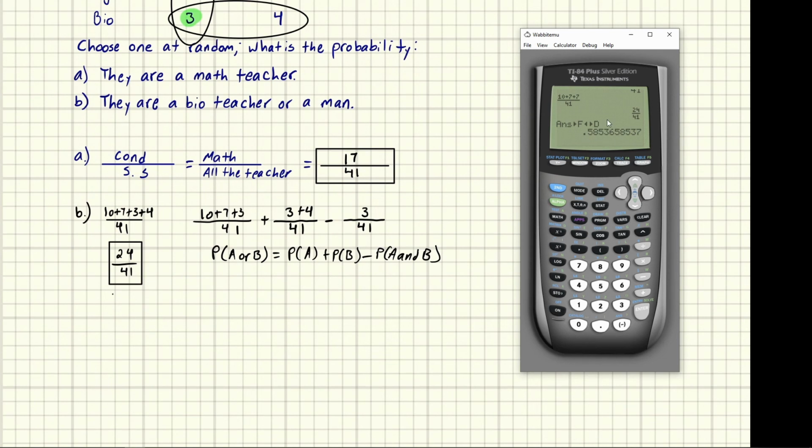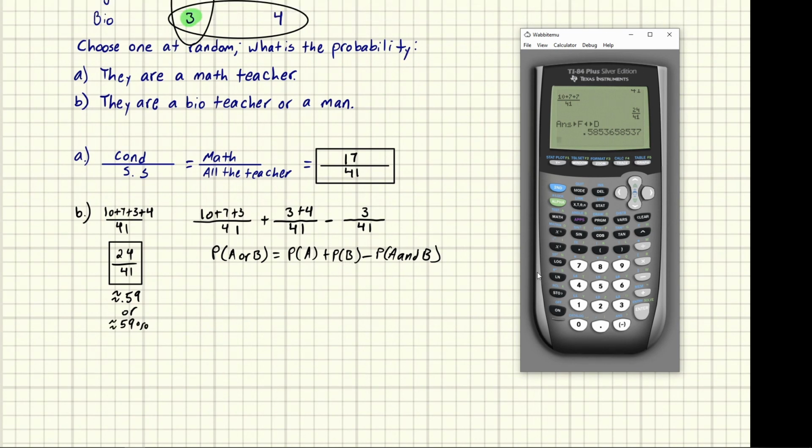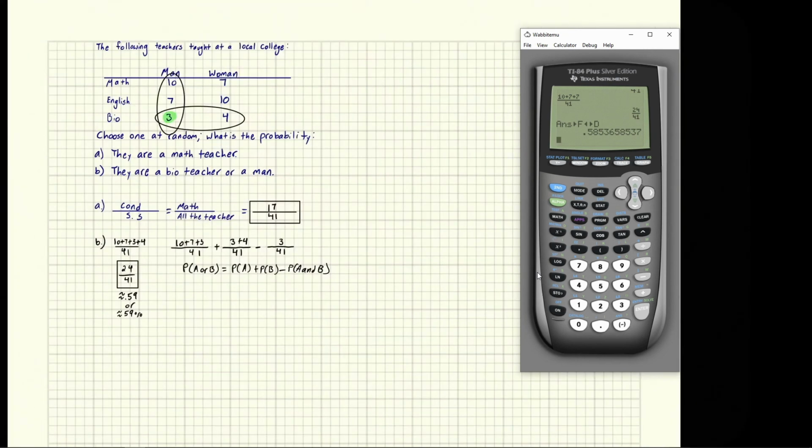So we could say it's approximately a 0.59 chance or a 59% chance approximately, if we round to 2 decimal places. And so that is how you would do some of these problems. So these are called conditional probability. And as long as you understand this exclusive OR move, you should have a pretty good handle on what's going on here. If you have any questions about this, let me know.